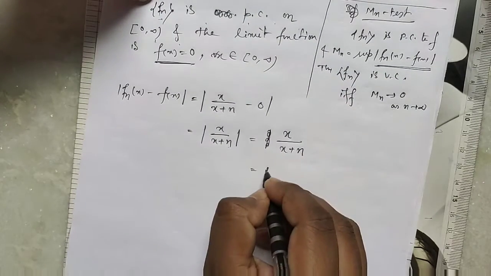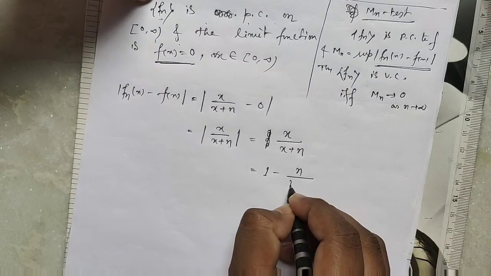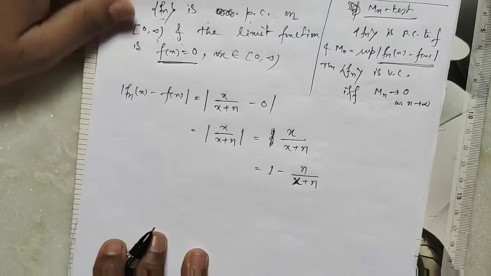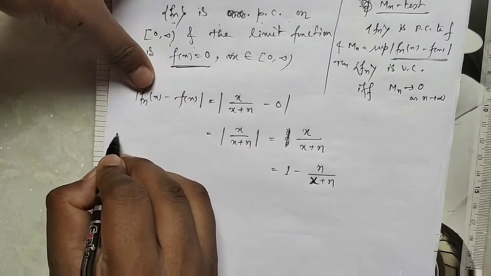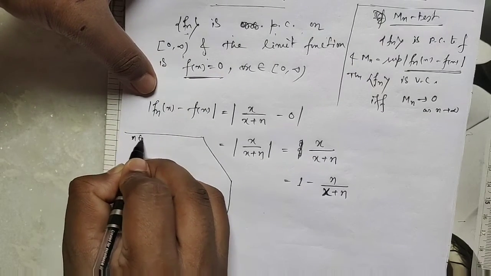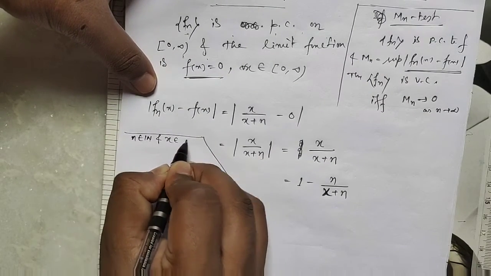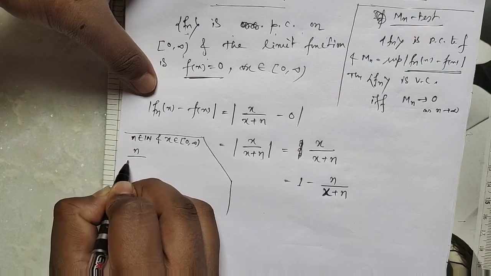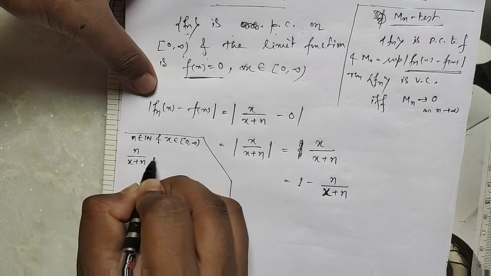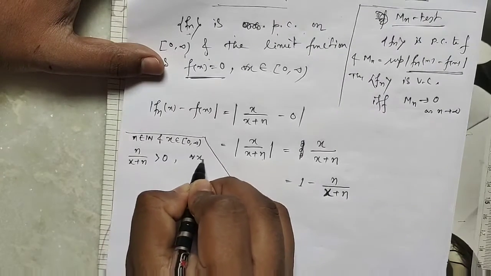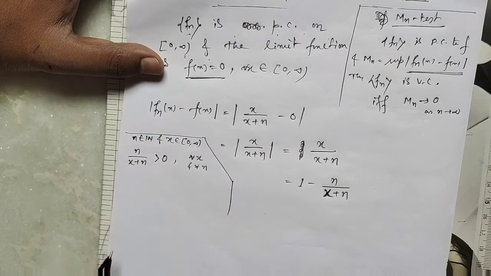Okay, this can be written as 1 by n by x plus n. Now we see n belongs to N and x belongs to 0 to infinity. So n by x plus n is greater than 0 for all x and for all n.